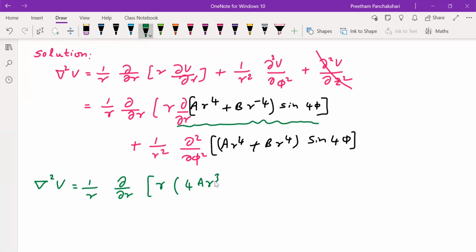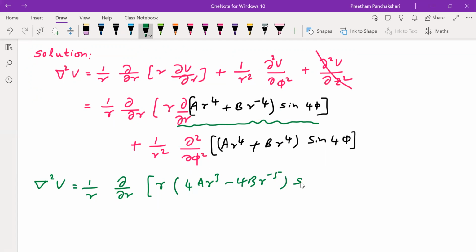Similarly, differentiation of r power minus 4 is minus 4 r power minus 4 minus 1, that is minus 5.